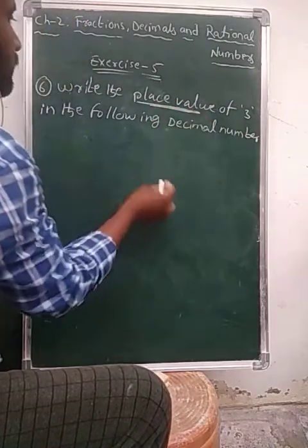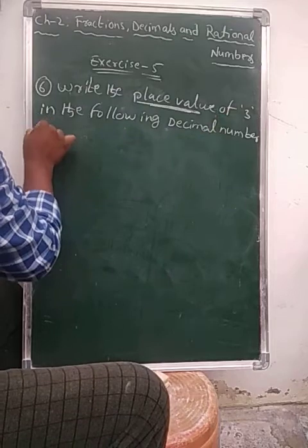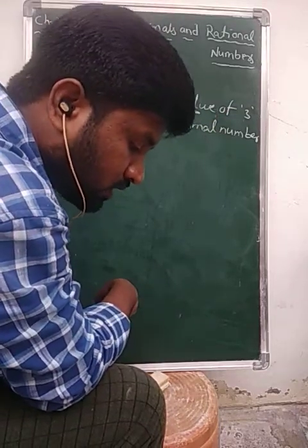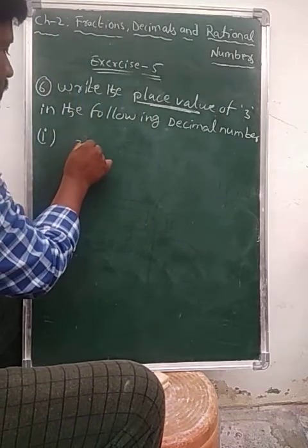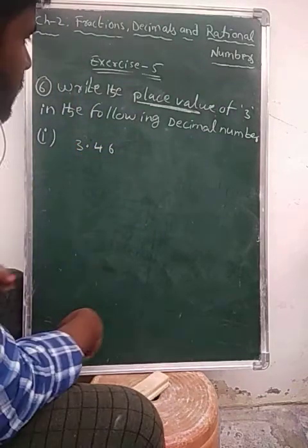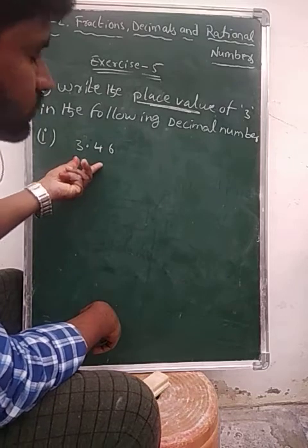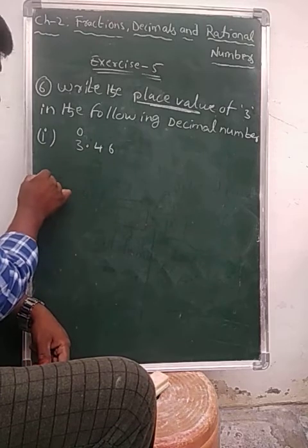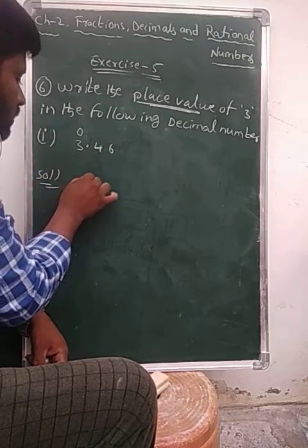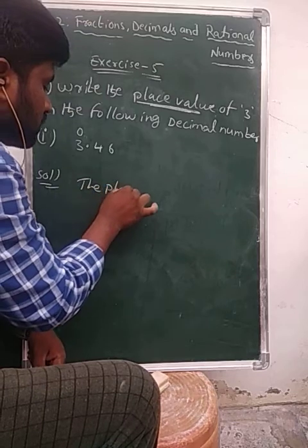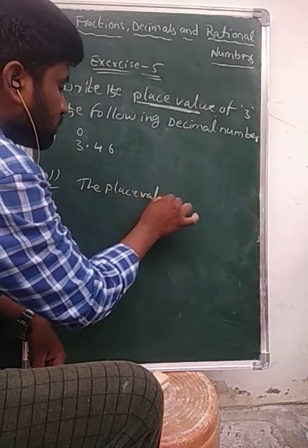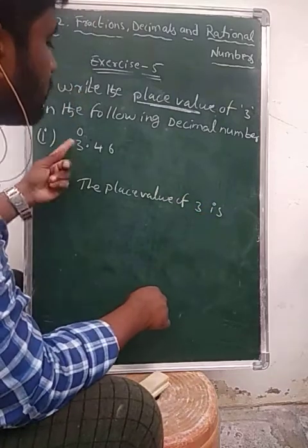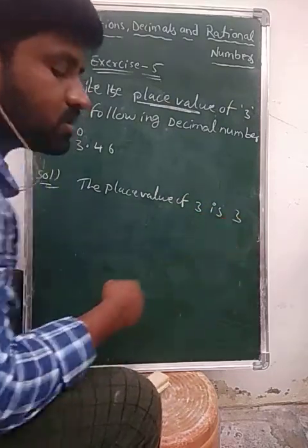Place value of 3. The first question is given: 3.46. What is the place value of 3? In this, which place is the 3 in? It is in the ones place. So we can write it as the place value of 3 is, since it is in the ones place, equal to 3 only.